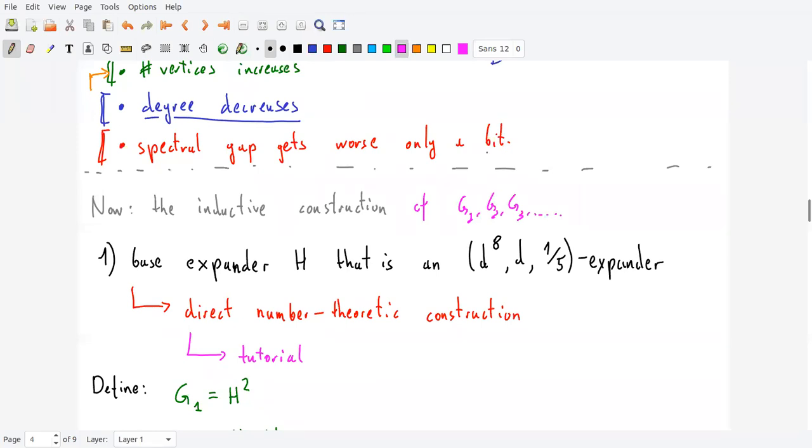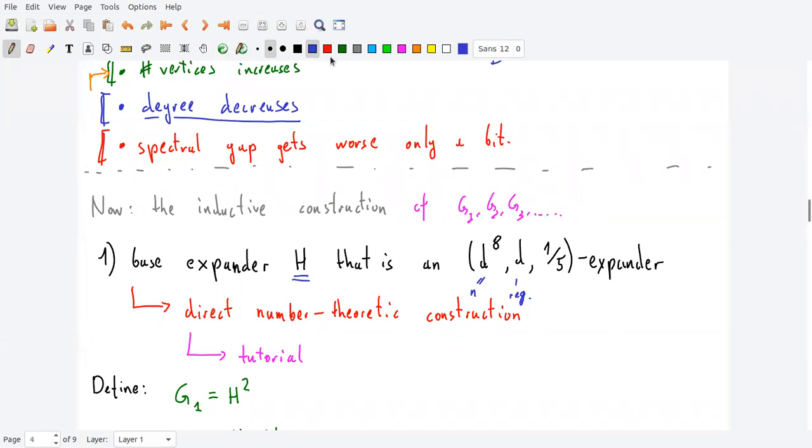So in this construction, we'll need some base expander H. This will not actually be equal to G1, but it will be a graph that will always be somewhere there during the construction. We will assume that this is a (d^8, d, 1/5) expander. So the number of vertices is d^8, the regularity is d, and alpha, the spectral parameter, is 1/5.